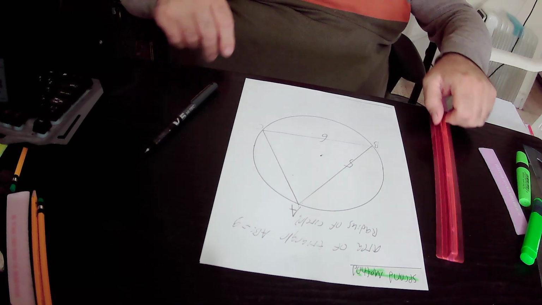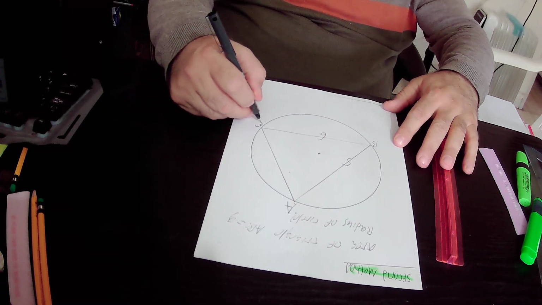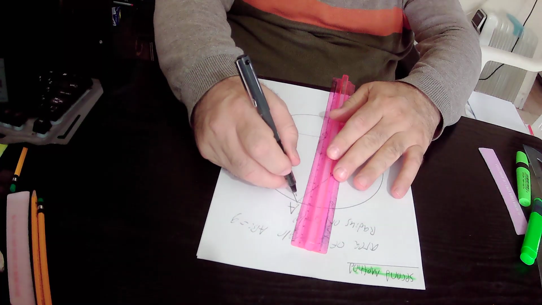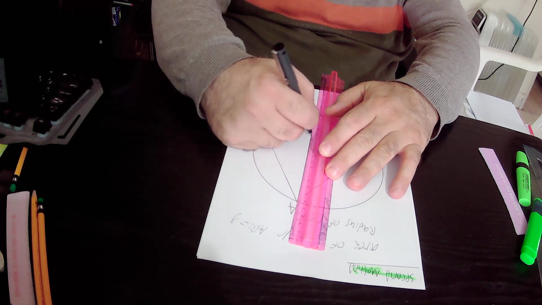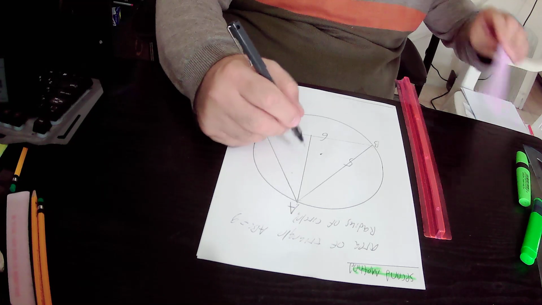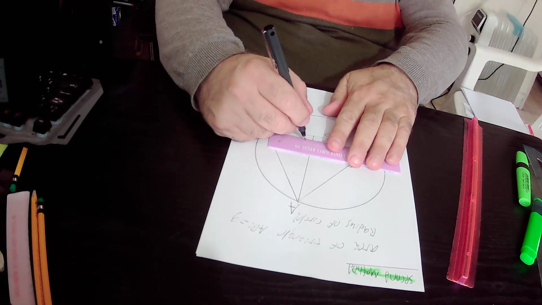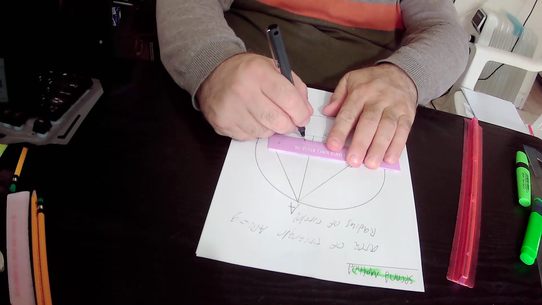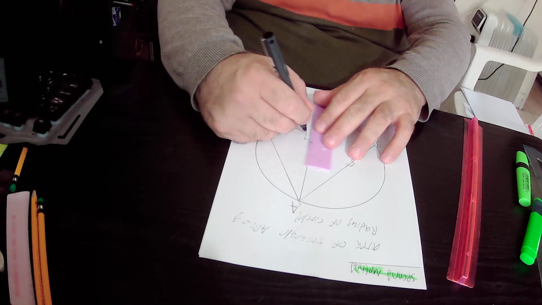So here from point A we draw a perpendicular on BC. We name the touching point of the perpendicular from point A and BC as D. This angle equals 90 degrees, and this angle also equals 90 degrees according to our construction.